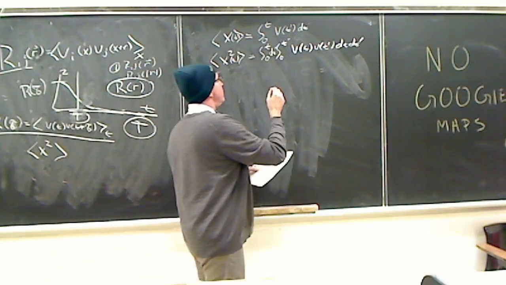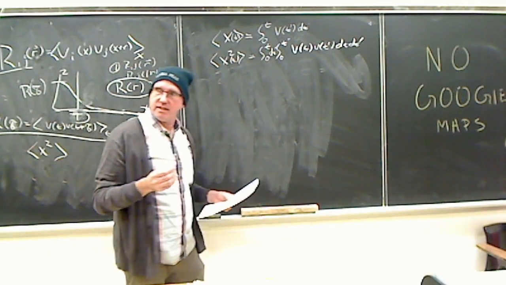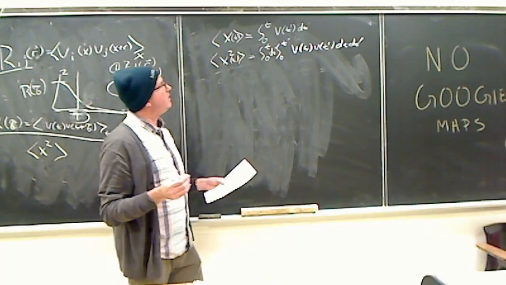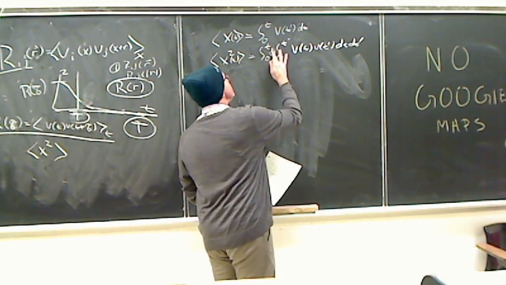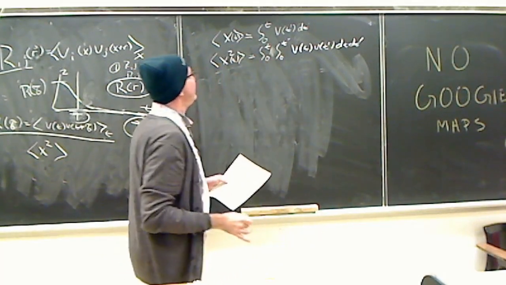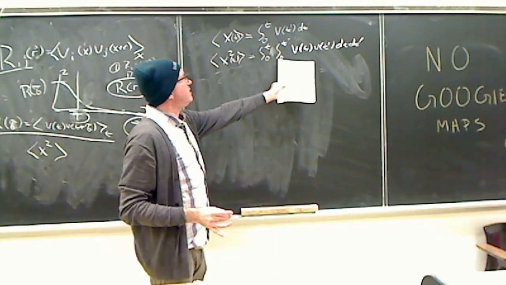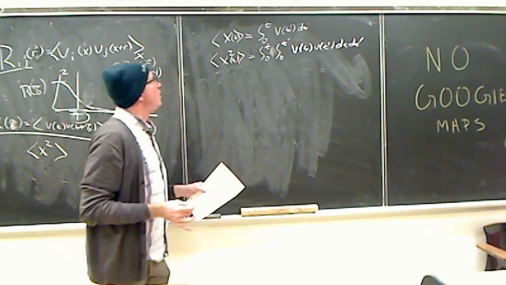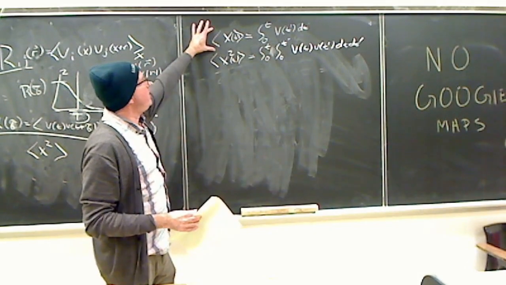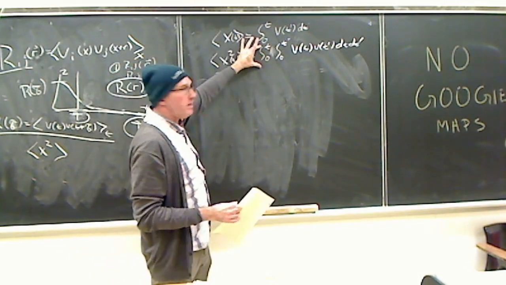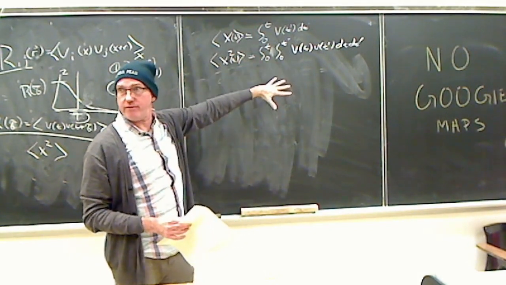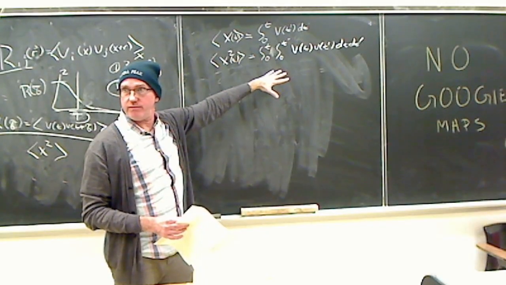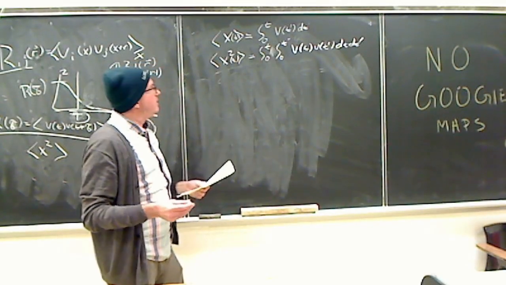Too many dt primes, thanks. Okay, so now I've just got two velocities. Or you can think about this as squaring this, which is squaring that, and you wind up with this same integral. So I haven't done anything fancy here. I'm just writing down what x squared is.